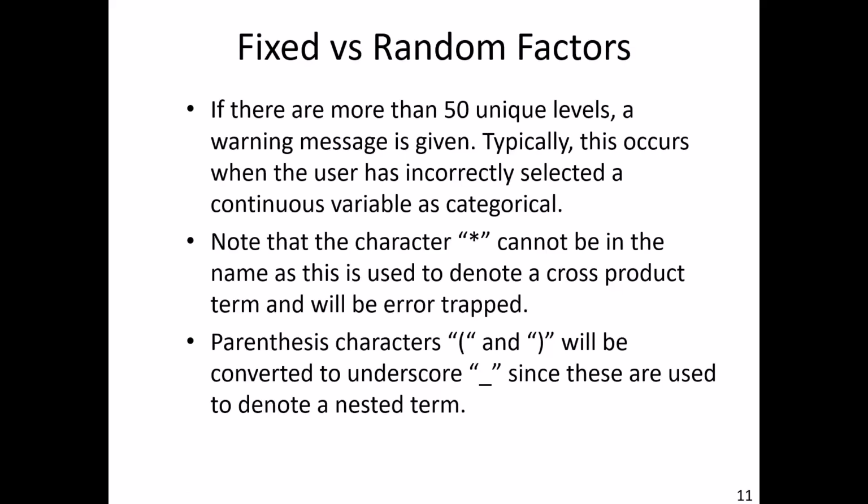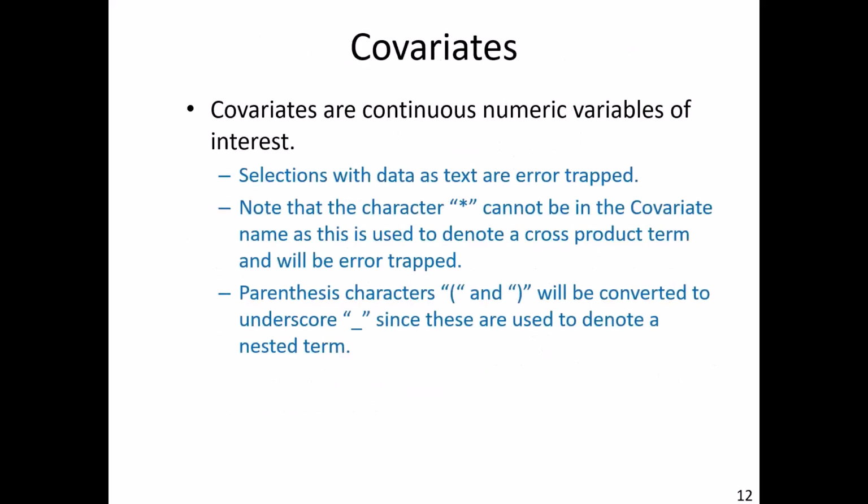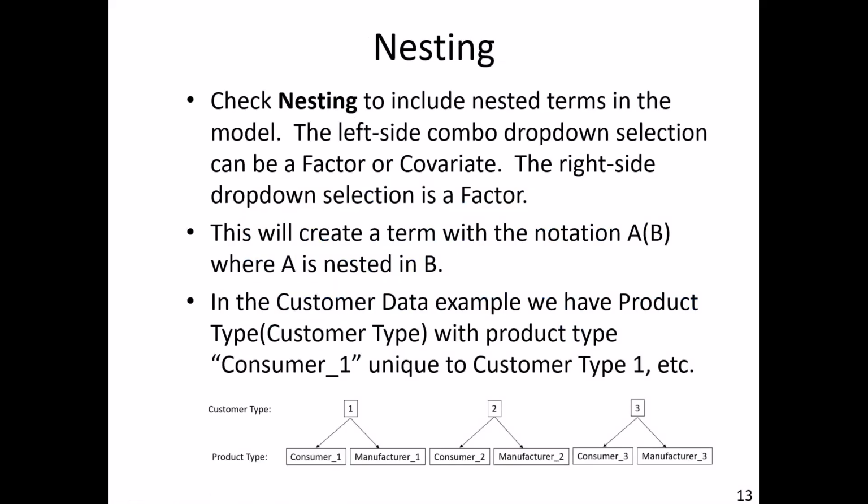Avoid the use of those in your column headings. Covariates are simply continuous numeric variables of interest. And the same rules apply to covariates. Also, of course, if it's a covariate, text is not allowed. It has to be numeric.